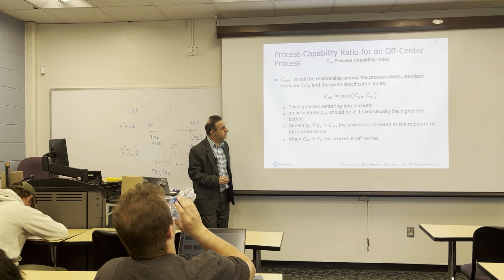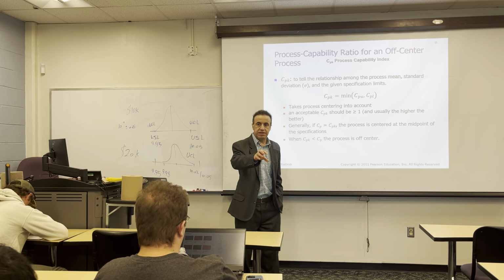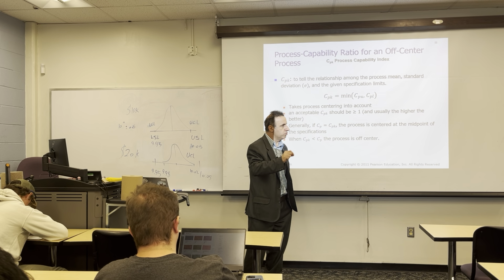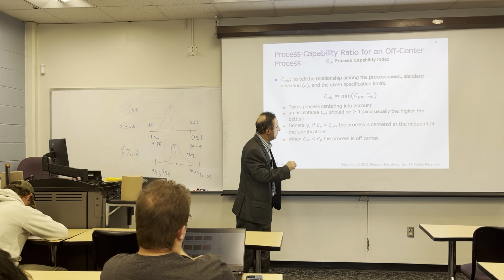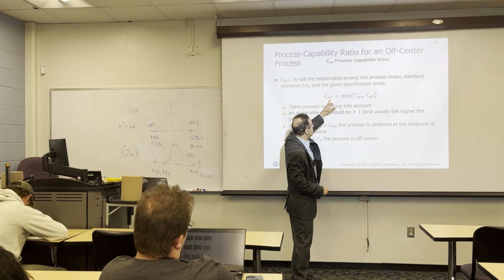And the factor is CPK. CPK will look at both of them, and then it tells you you have to pick the minimum of those two. Which one is the lowest? The lowest value of those CPL or CPU will be your factor CPK.